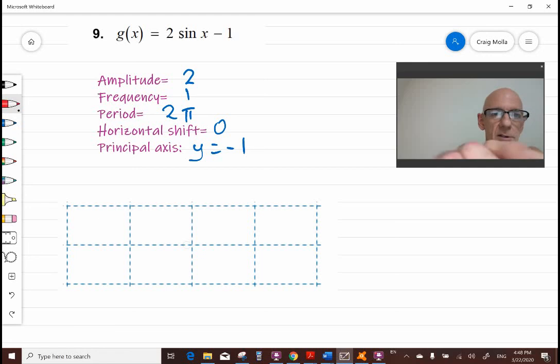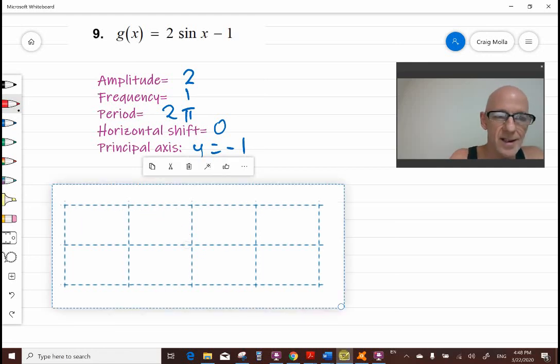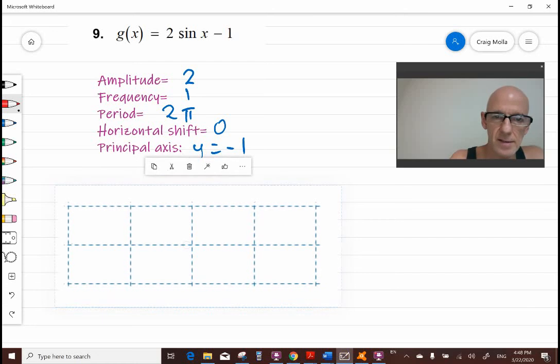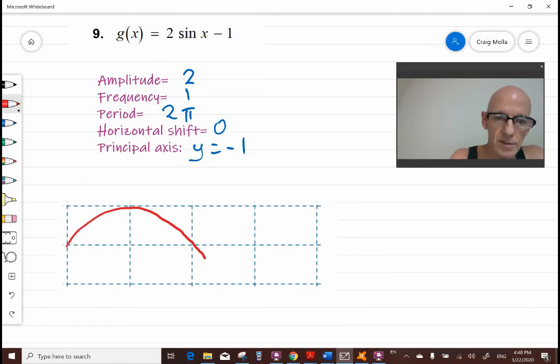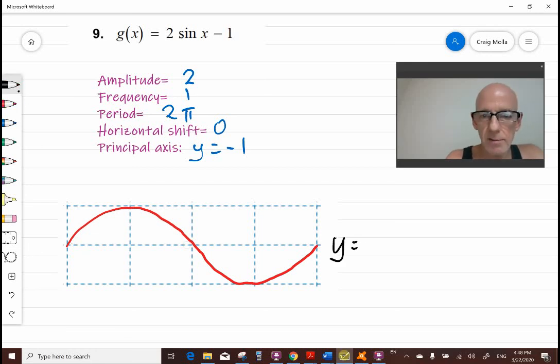Now, because it's a sine curve, it starts at the principal axis, goes up to the maximum. Try that again. Maximum, principal axis, back to there. We know that the principal axis is y equals -1.